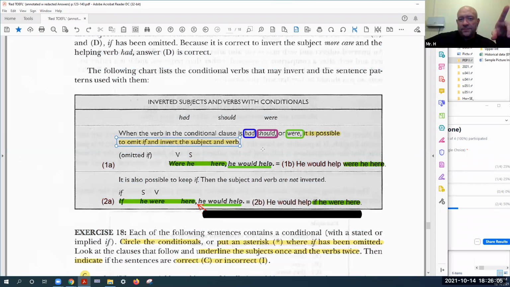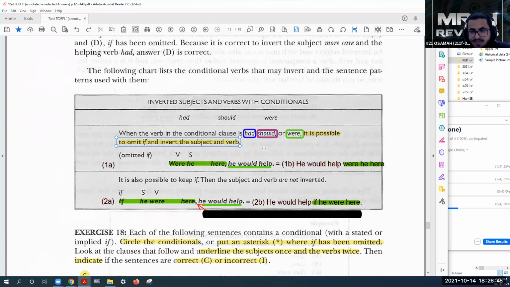So it says it's possible. Does that mean it's necessary? No, it's a possibility. But whenever you omit if, you must invert, and only when you see these three verbs: had, should, and were.